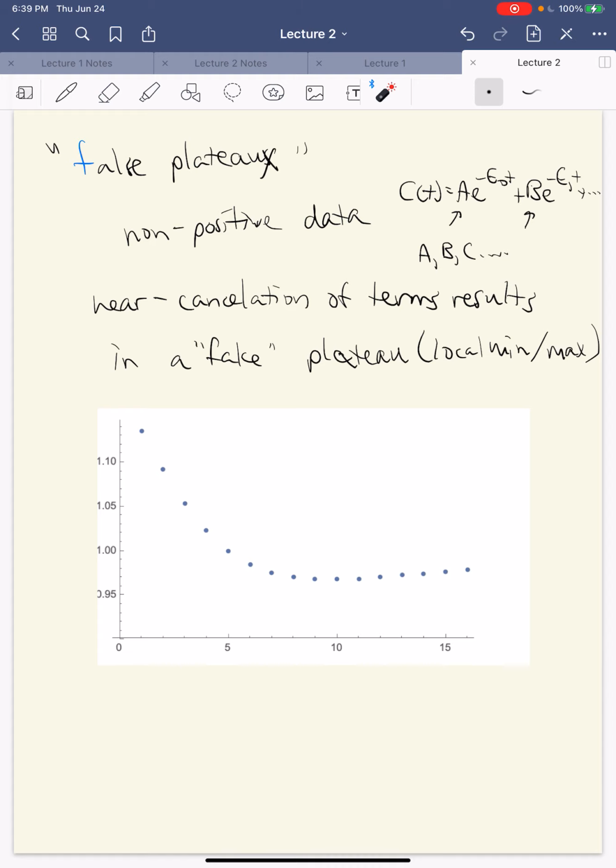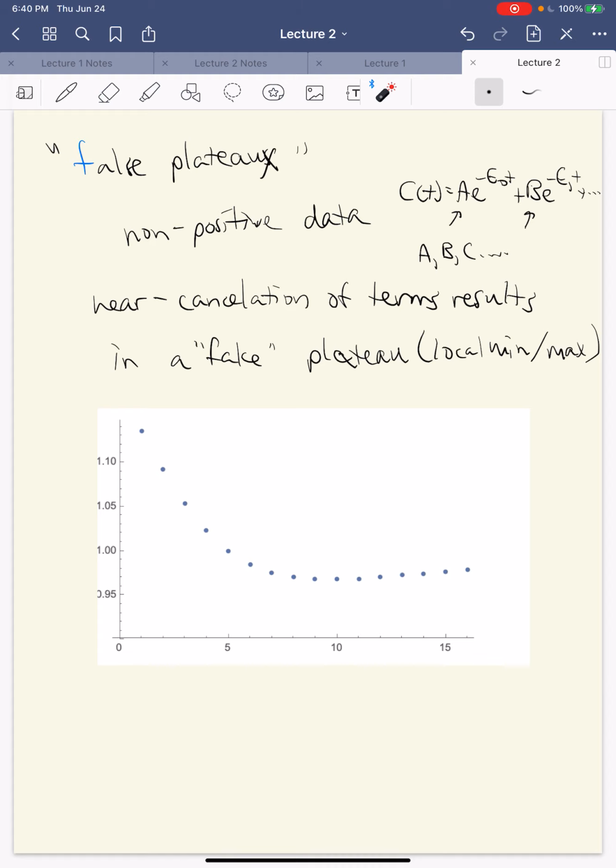And so if I just look at the data, it looks like it might be plateauing. Well, I don't have the right-hand figure here, but it's plateauing to a number about maybe 0.97 or 0.98 here.